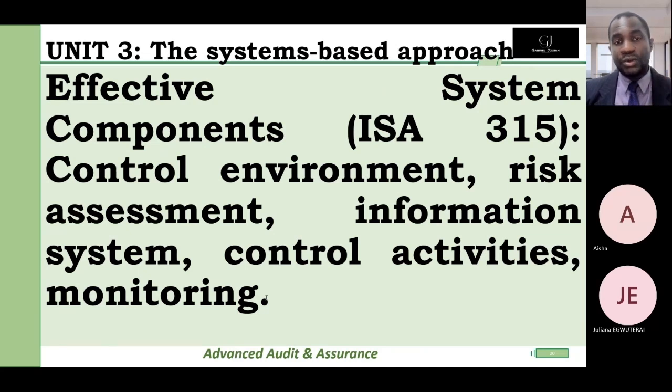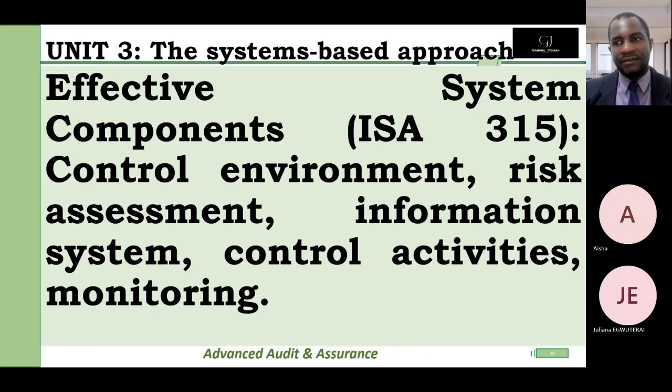Also, the controls must be well designed and properly implemented. The auditors will conduct a test of controls to evaluate and validate this. It's very important. So the key components of the internal control system, based on the COSO framework, we'll be looking at one by one.